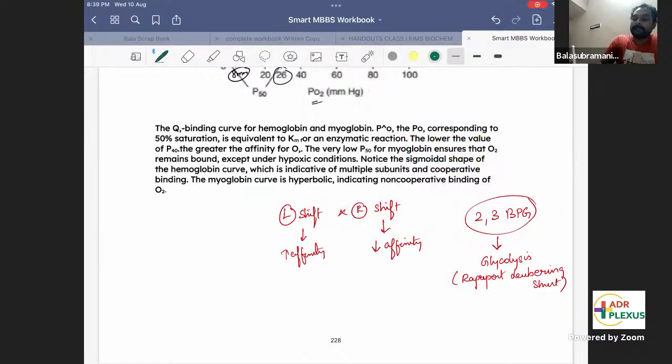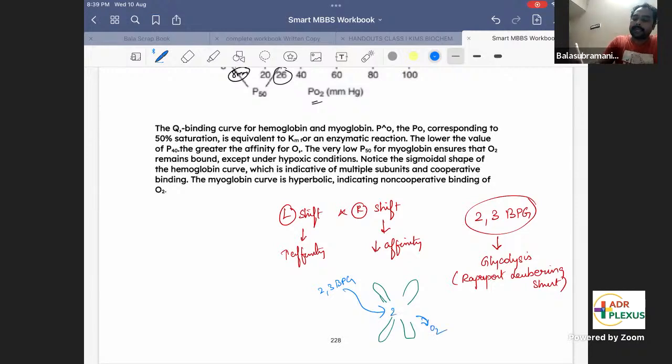So this 2,3-BPG has a very particular characteristic. Supposedly, these are the pyrrole rings, and oxygen is binding in the center. 2,3-BPG will come and kick that oxygen out. It will get lodged here and kick the oxygen out.